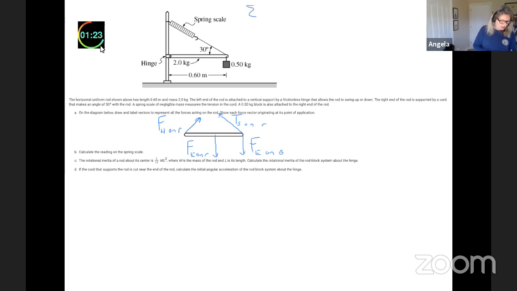So we know this thing is in equilibrium, so we're going to set the torques equal to 0. So the positive counterclockwise torques have to equal the negative clockwise torque. So let's start with, there's only one counterclockwise torque.